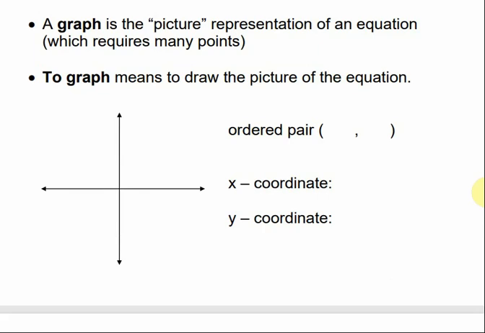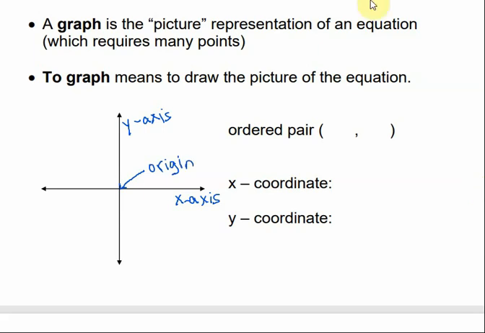So this is what the Cartesian coordinate system would look like, and this would be our x-axis, and this is our y-axis. And then this point right here, where they meet, that's called the origin.